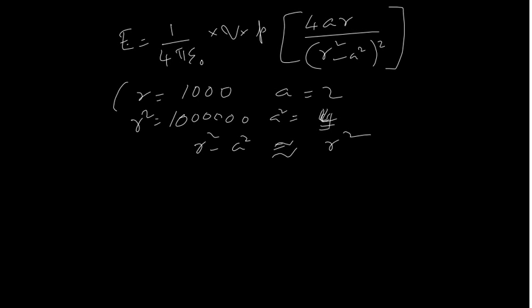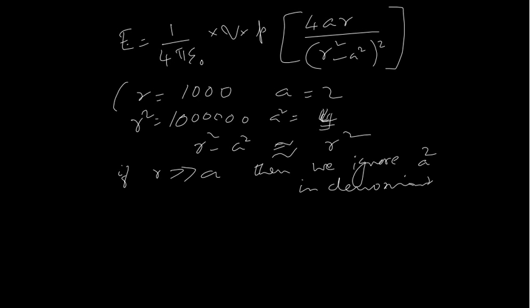So what it means is, if r is much greater than a, then we ignore that a square in the denominator. So now E becomes 1 by 4 pi epsilon naught into q into p into 4ar divided by r square.